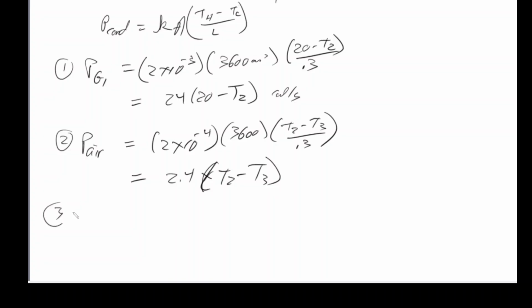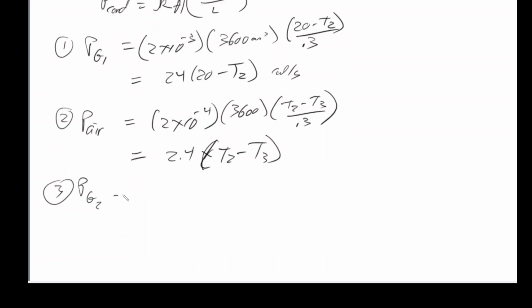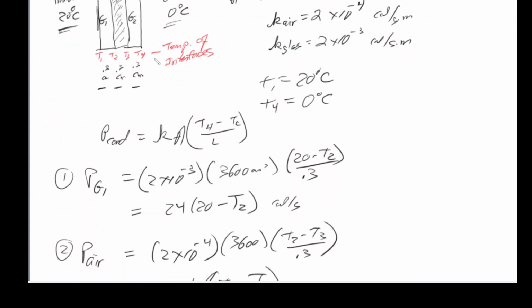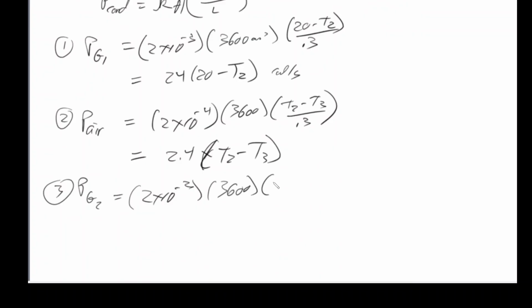And now let's do it for the second section of glass. So that's equal to 2 times 10 to the minus 3 times 3,600, the area, times, and in this case, the difference in temperature is T3 to T4, but T4 is 0. So this is T3 minus 0, which ends up becoming 24 times T3.